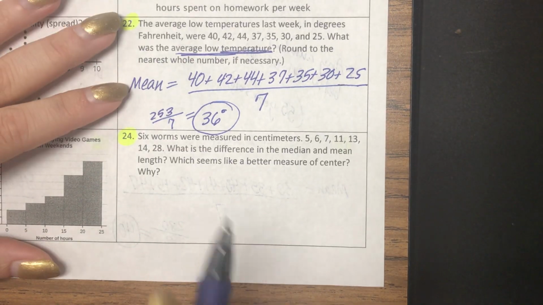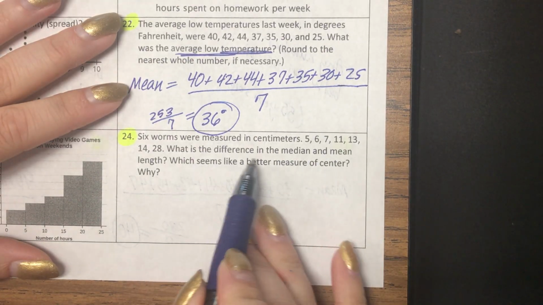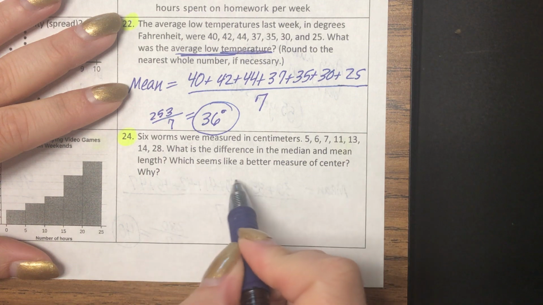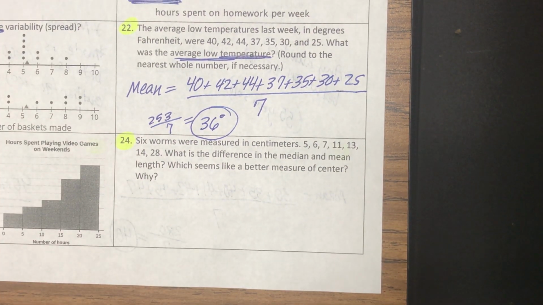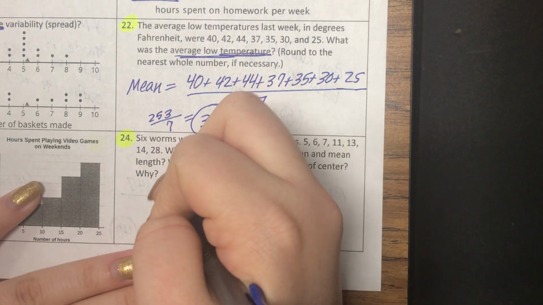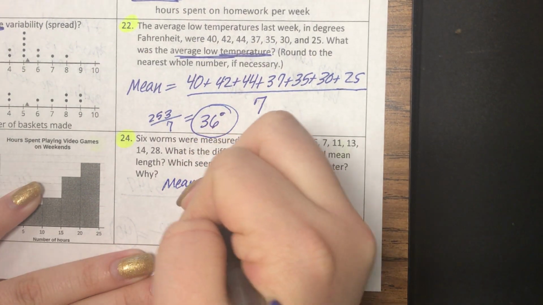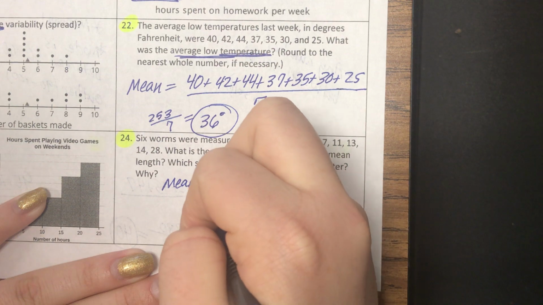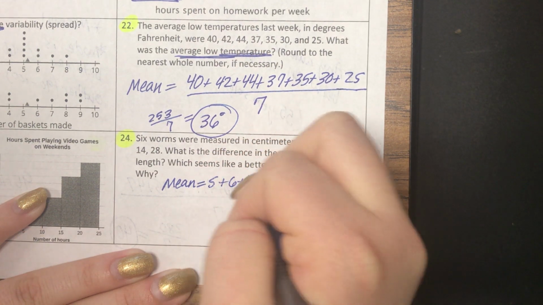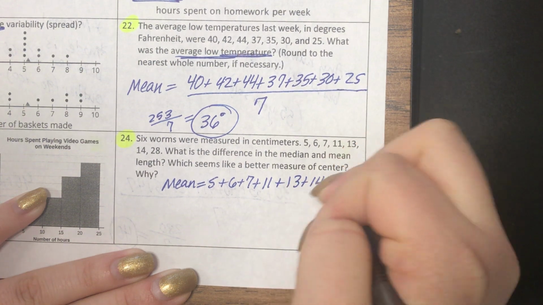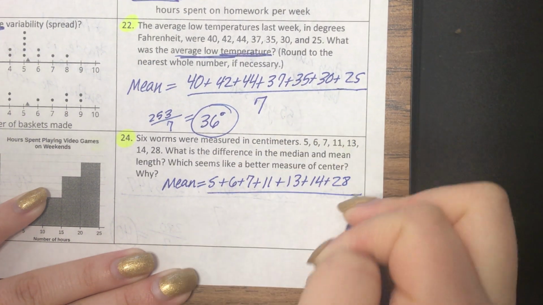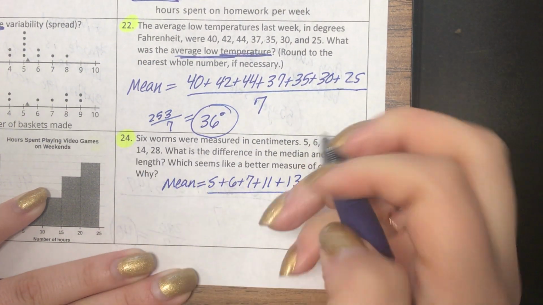24, 6 worms were measured in centimeters. What is the difference in the median and mean lengths? Which seems like a better measure of center and why? So we're going to find both of them. So the mean, remember, we add them all up and divide by, so we've got 5 plus 6 plus 7 plus 11 plus 13 plus 14 plus 28, and divide by 7.